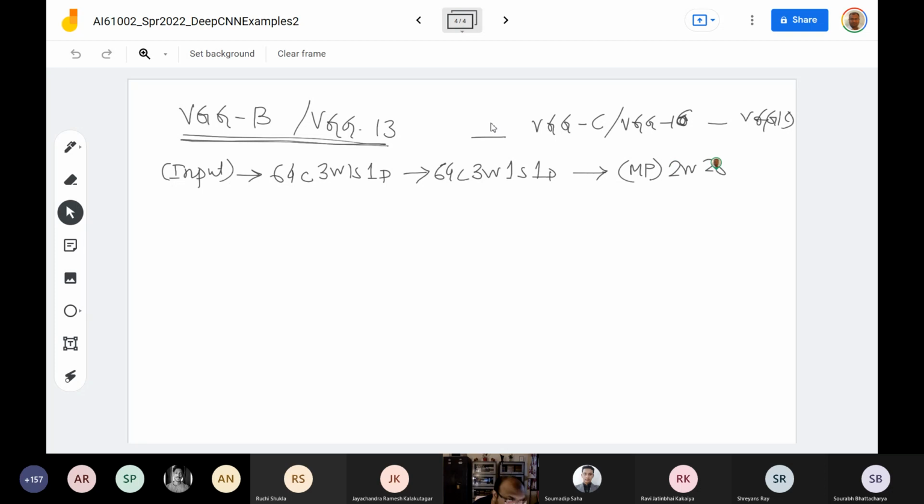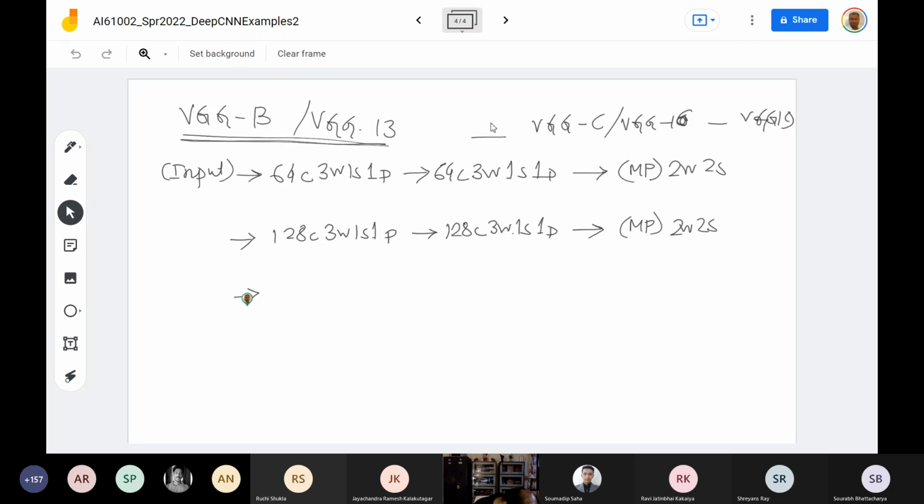Okay. Now from there, in case of VGG 11, what you had was a 128C3W1S1P and then a max pooling, but here you again cascade that with another 128C3W1S1P and then you do a max pooling. And then onwards it continues the same way.